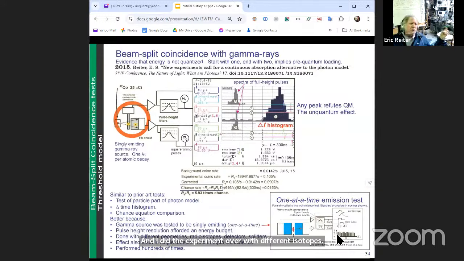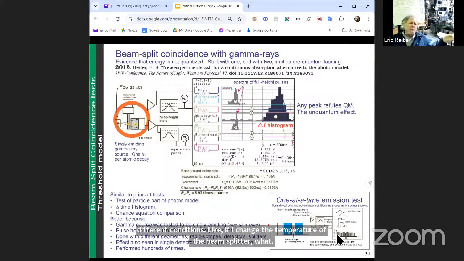I showed you this whole list of different ways I did the experiment to see what makes this thing tick under different conditions. Like if I change the temperature of the beam splitter, what happens? If I put a magnet on the beam splitter, what happens? If I change the chemical state of the cadmium 109, what happens? I did many things and it made sense.